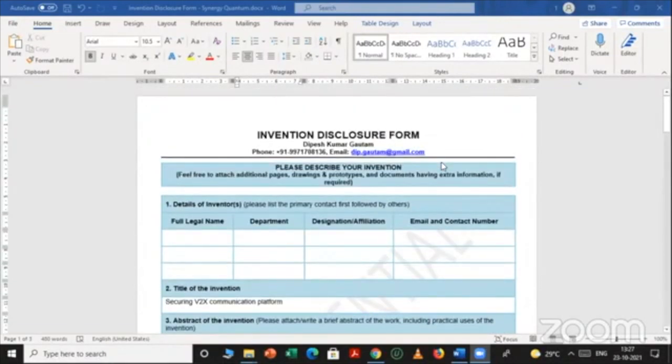Before starting this topic, Invention Disclosure Form, I want to point out certain statistics related to research in academia, or we can say research in general around the world.